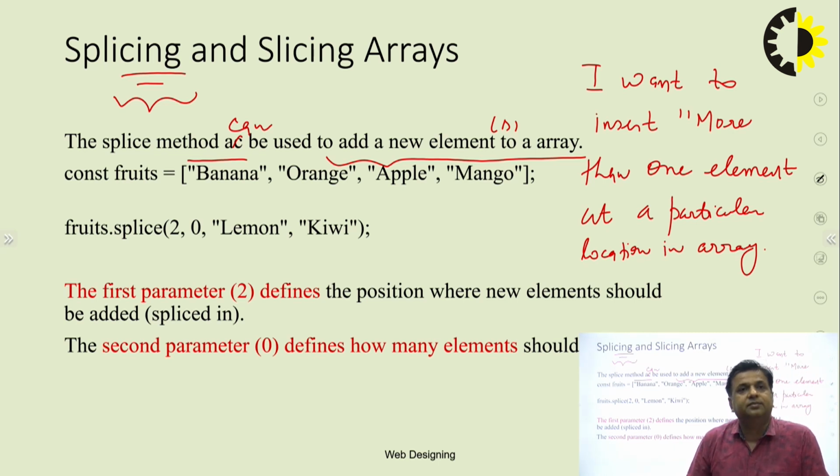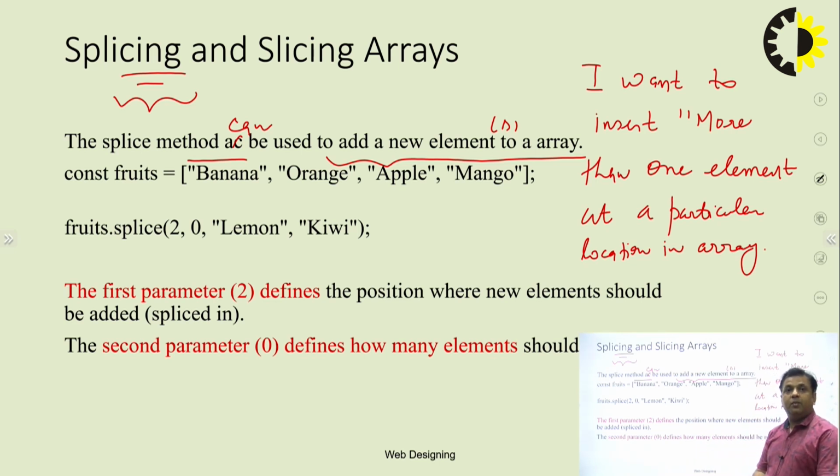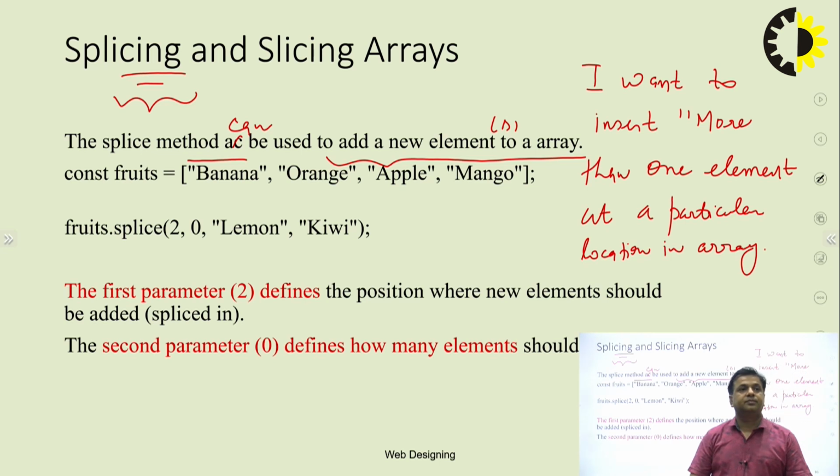Now my problem is that I want to insert more than one element at a particular location. So I will use the splice method, because the splice method can add more than one element at a particular location.